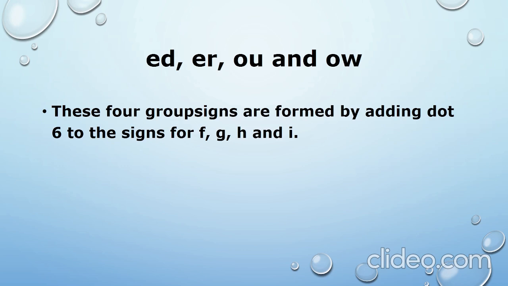This time, the contractions for ED, ER, OU, and OW are formed by adding dot 6 to letters F, G, H, and I. So let's move straight to each of these 4 strong contractions.